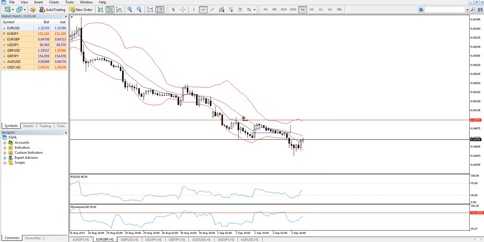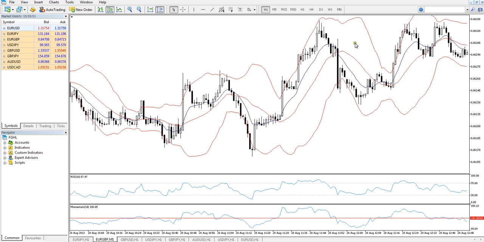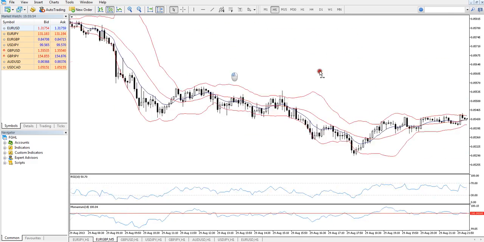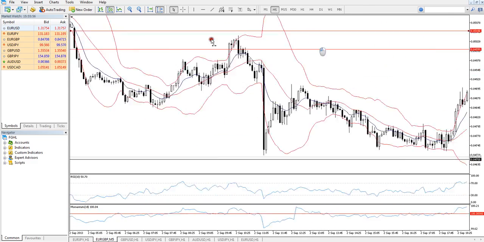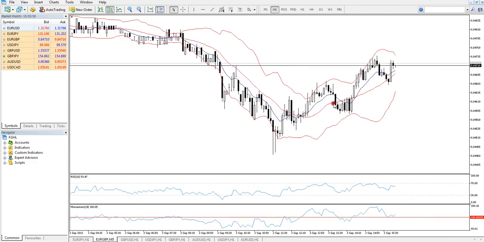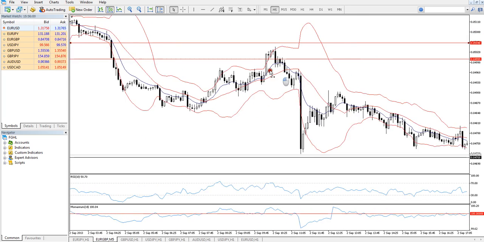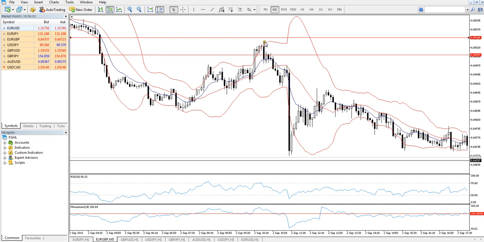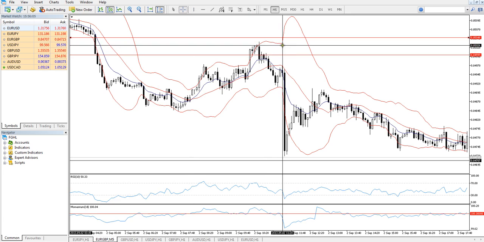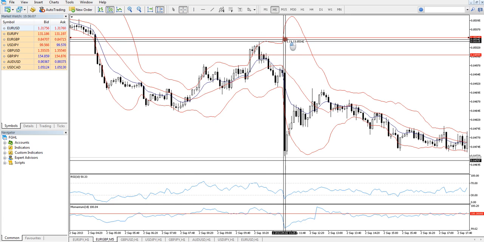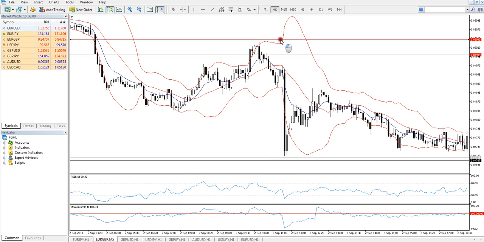Our stop loss is just a few pips above that. So you just go into the M1 chart really to mark that up. We just say about 5, about 6 pips above. So that's your stop loss in the H1 chart.